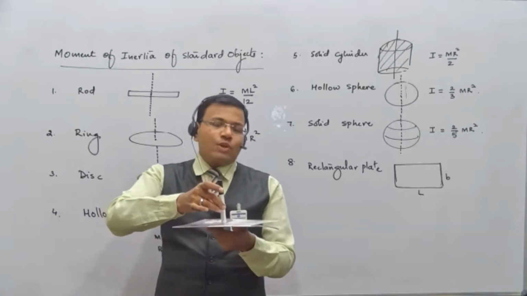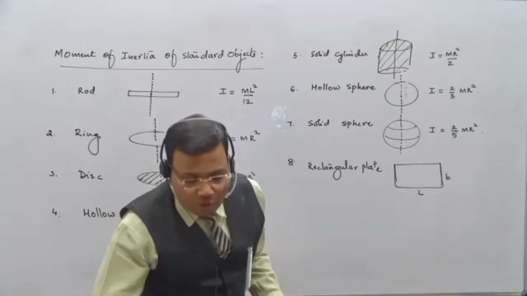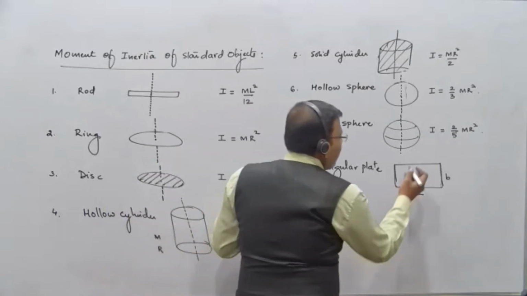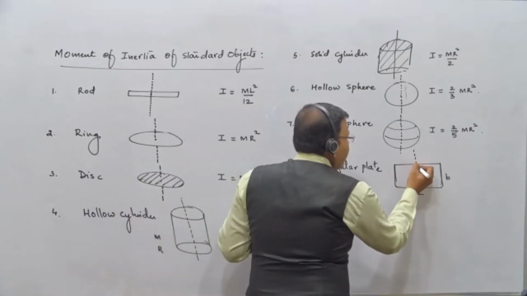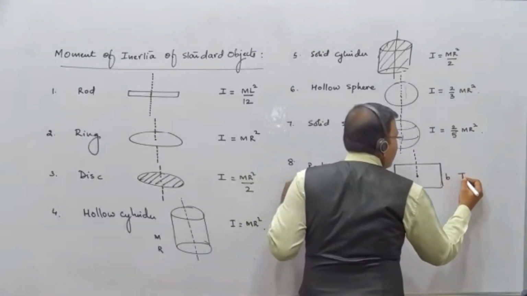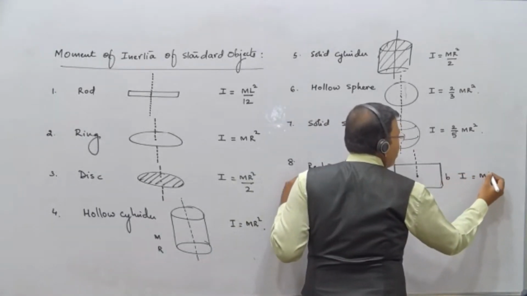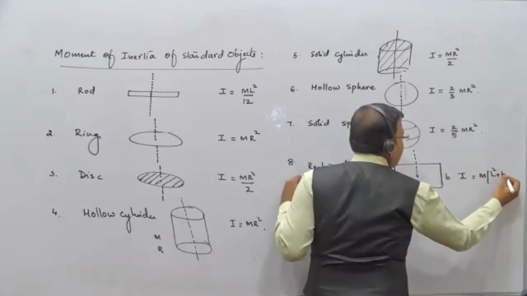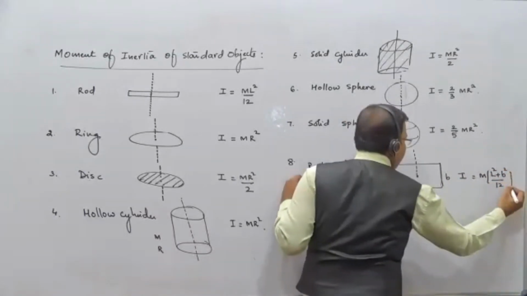So in this situation, what is the moment of inertia? The moment of inertia under this situation is M into L square plus B square by 12.